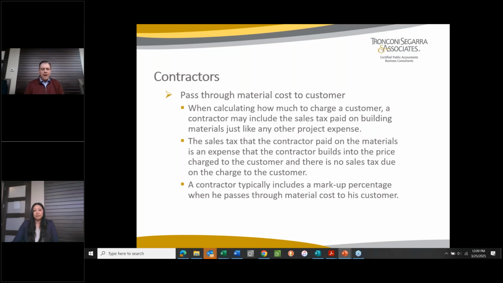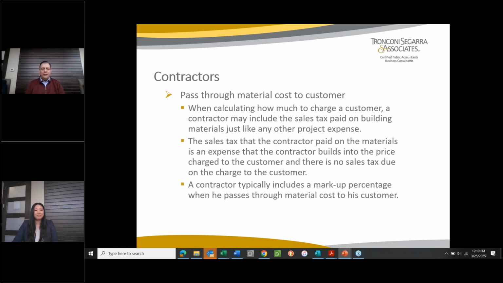You consume that property, you pass that tax through to your customer as an expense on your invoice. You may not charge the sales tax, like in the case of a capital improvement, which we'll see, but you kind of recover the cost of the tax that you paid through this process. So I think that's just some general information we wanted to share on contractors.